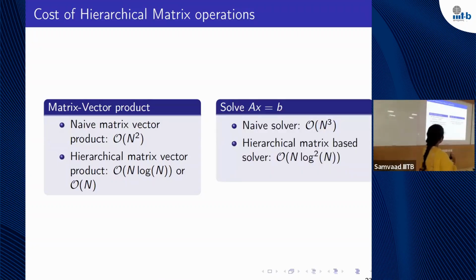Similarly, I'll not explain the solver part, but the naive solver takes O of n cube, but the hierarchical matrix based solver can solve this Ax equal to b in O of n log square n time. And there are even better hierarchical matrix structures than what I have shown today, and they will end up giving you O of n complexity.